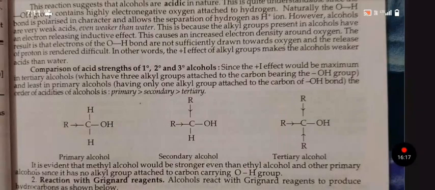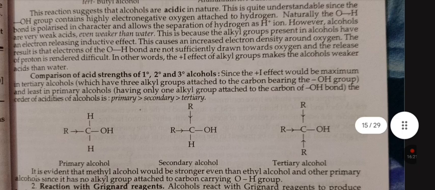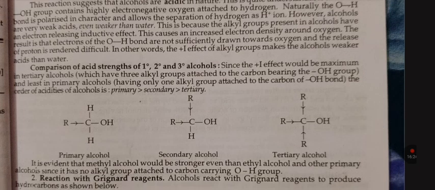This is quite understandable since the OH group consists of highly electronegative oxygen attached to hydrogen. Naturally, the O-H bond is polarized in character and allows the separation of hydrogen as H+ ion. However, alcohols are very weak acids, even weaker than water.